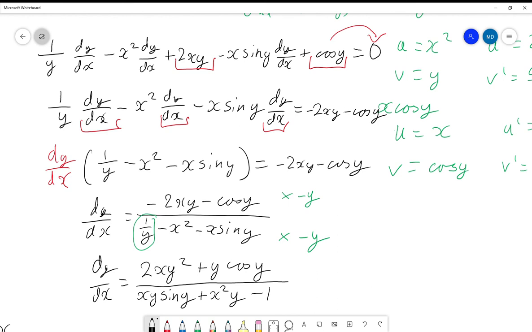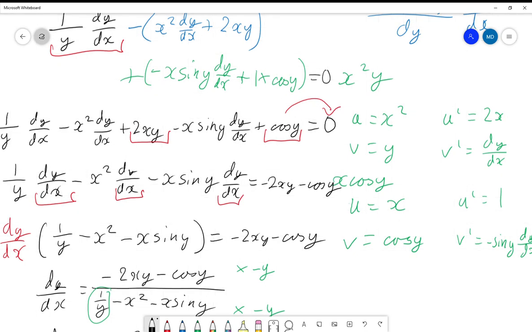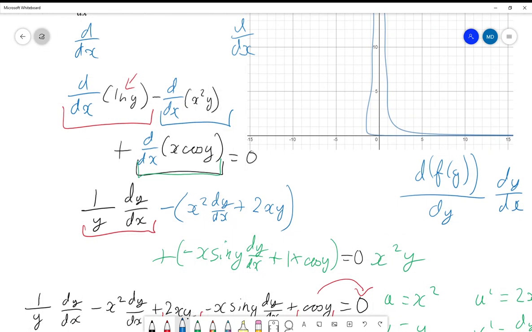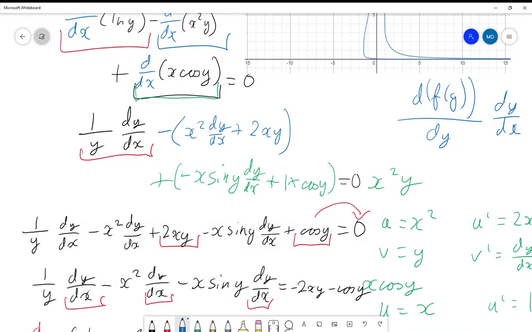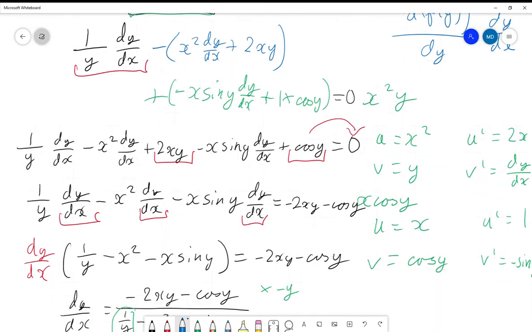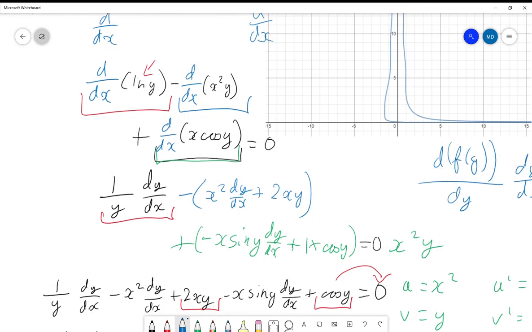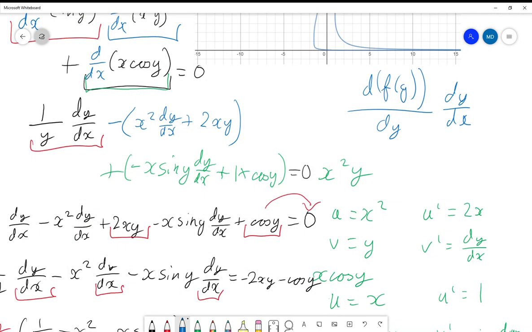And it's still incredibly implicit. As you notice, there are x's and y's everywhere, numerator, denominator, but ultimately that process was just the product rule and our new implicit differentiation rule over and over again. So just remember, if you're dealing with some kind of product like this, apply the product rule.